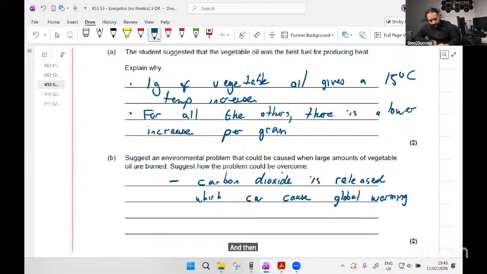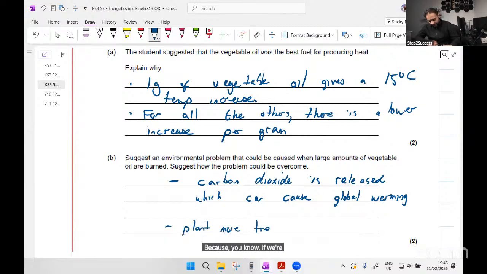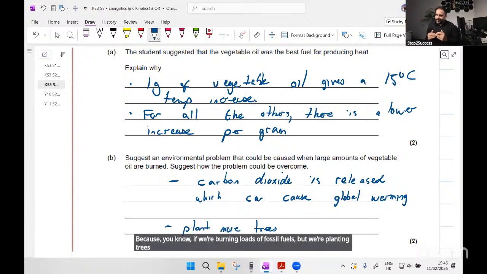And then it also says how it could be overcome. A sensible way to overcome too much carbon dioxide. I mean, there's lots of answers, but I think the simplest one is to plant more trees. Because if we're burning loads of fossil fuels, but we're planting trees, then the trees, remember, take in carbon dioxide for photosynthesis. So it makes it a bit easier.